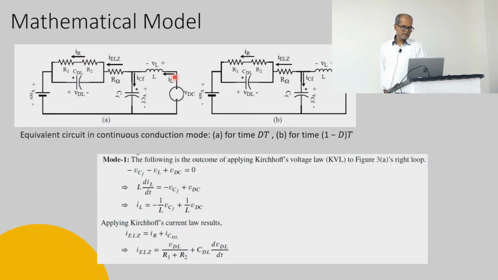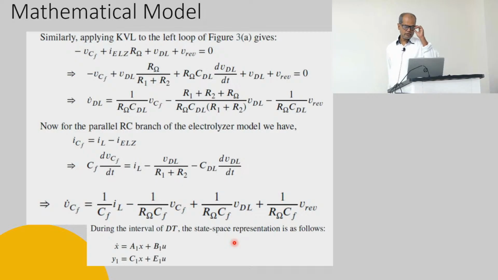And once you know this current, if you consider this node, you can apply KCL where you have 3 currents: IL, IC, and the electrolyzer current. If you relate these 3 currents, you can easily represent IC using the capacitor voltage equation, and then just do some simplification.